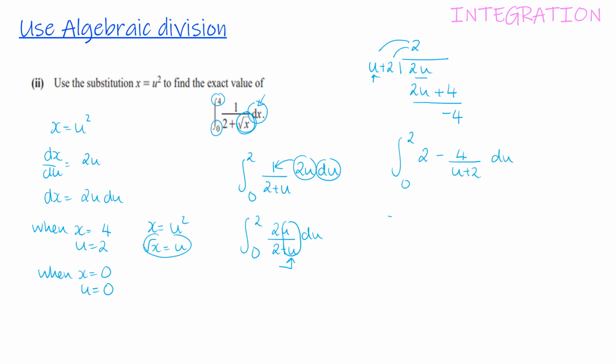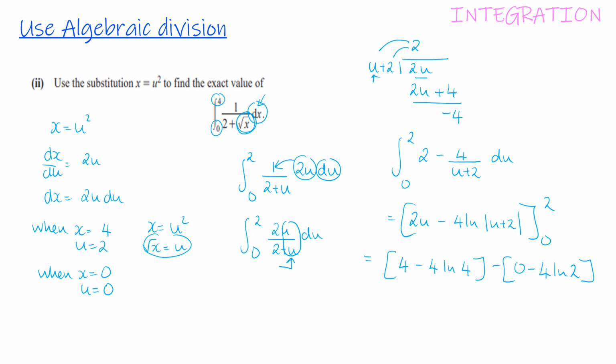So now I can integrate. That's going to be 2u minus 4 ln of u plus 2. And now I need to put in my limits. When u is 2, I get 4 minus 4 ln 4. Put 0 in, I get 0 minus 4 ln 2. Here ln 4 is the same as ln of 2 squared, and then that squared can come down and multiply by the 4.